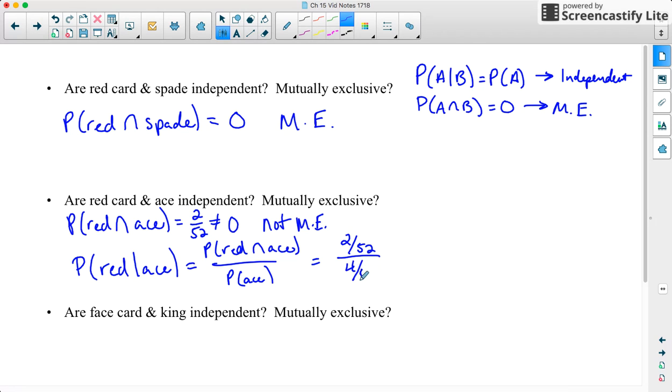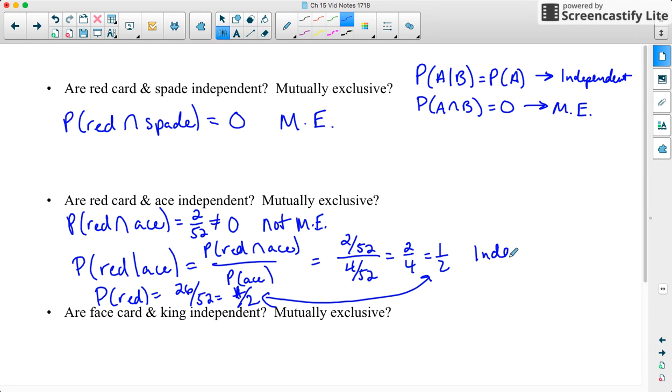The probability of ace is 4 out of 52. And that is 2 out of 4, or 1/2. Now, what's the probability of red? Well, there are 26 red cards in the 52-card deck. That reduces to 1/2. And 1/2 equals 1/2. So, therefore, they are independent.